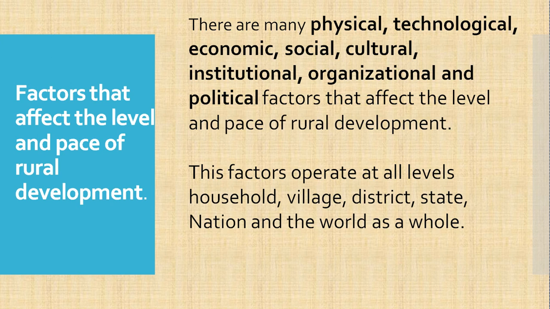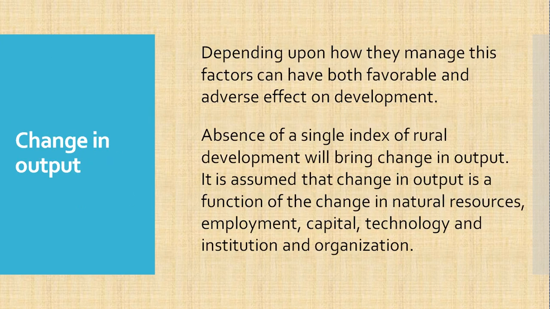These factors operate at all levels. It doesn't stop at the individual level. It goes further to the village level, the district level, the state level, the nation, and finally the world. So we need all these. These are the factors which affect the pace of rural development.